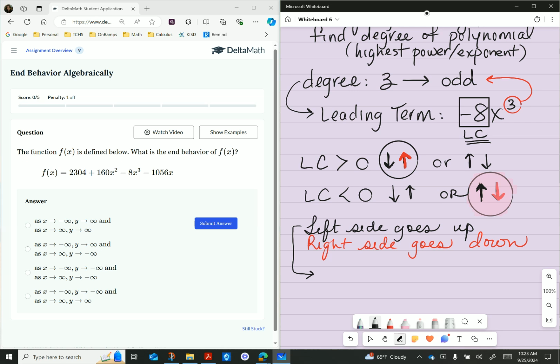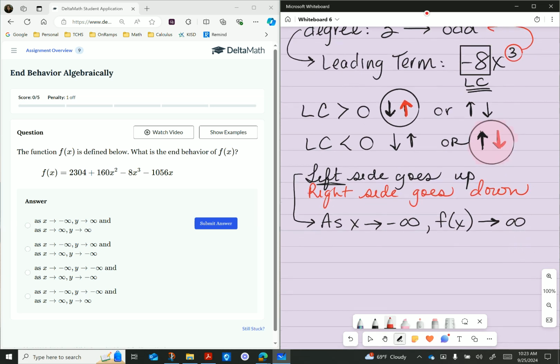Left is x movement. As x goes to negative infinity, I have to point left. And my graph is still f of x in this problem. My graph goes up, positive infinity.